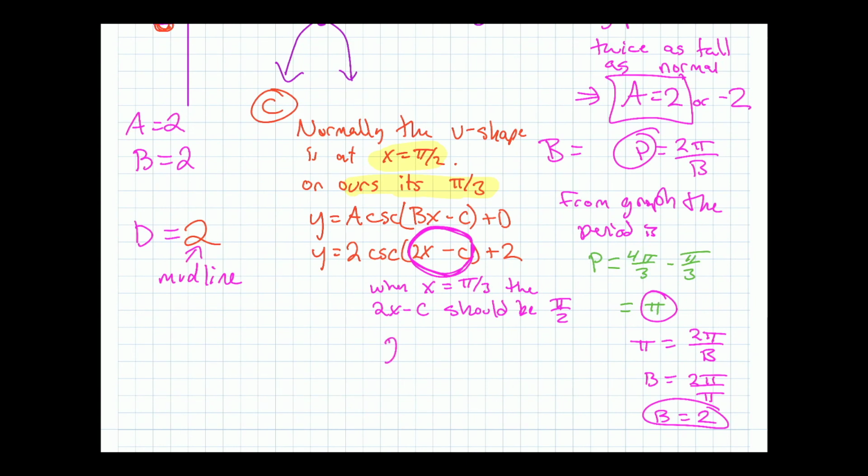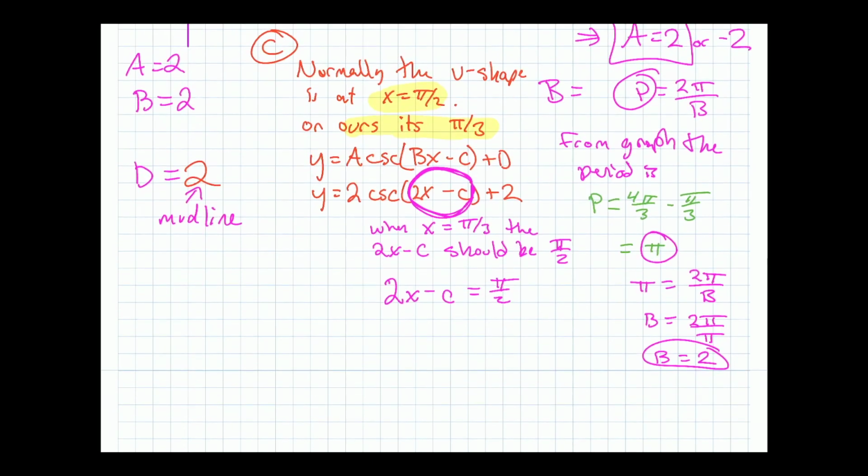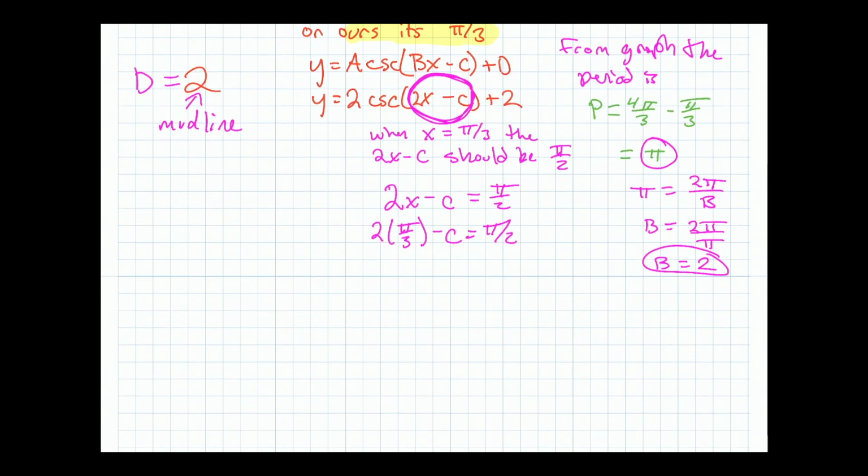All right, so you have 2x minus c equals pi over 2, but that's supposed to happen at pi over 3. So you put the pi over 3 in for the x. So 2 pi over 3 minus c equals pi over 2, and we solve this for c. Rearranging this, I'm just going to write the answer. c is going to be 2 pi over 3 minus pi over 2.